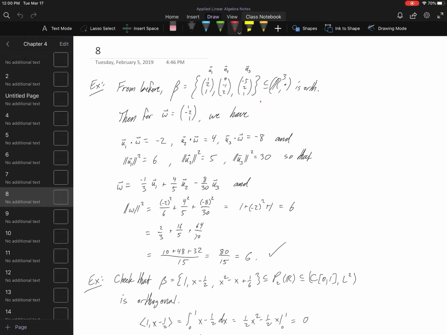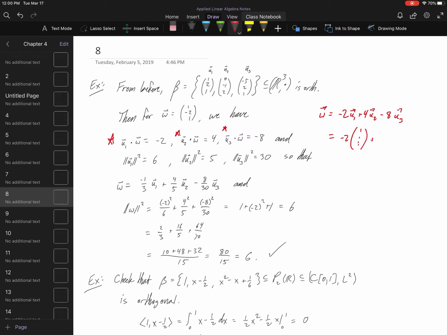So if I go back as an example to our original example sitting in R3, and let's say I wanted to figure out the weights or the coordinates of this arbitrary W vector sitting in R3, then I can go ahead and compute the inner products, just these three guys, like I did before. But the problem is that W is not going to equal -2 times U1 plus 4 times U2, and that'll be minus, not plus, minus 8 times U3.